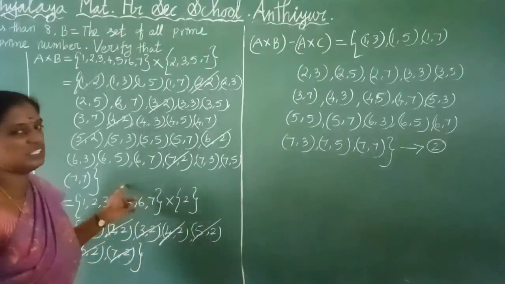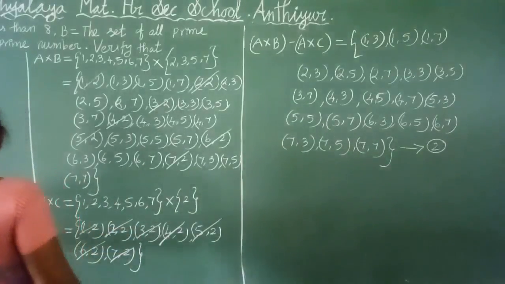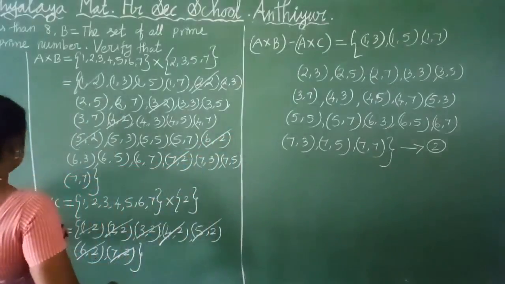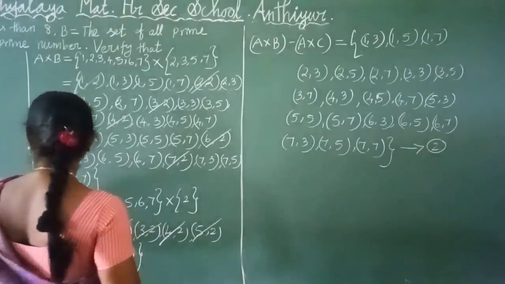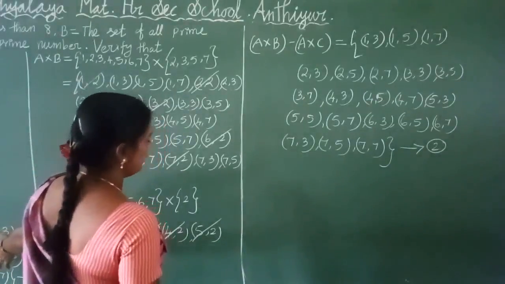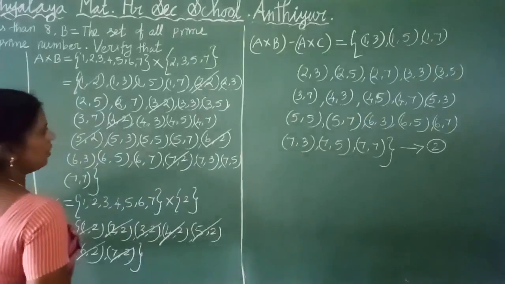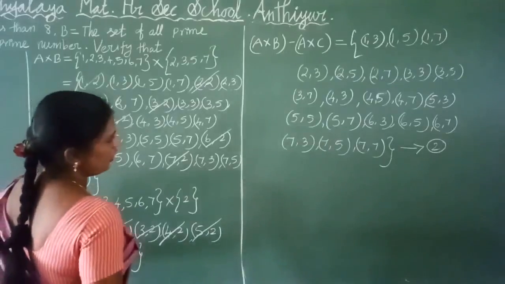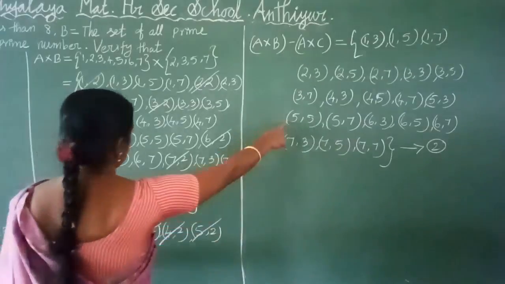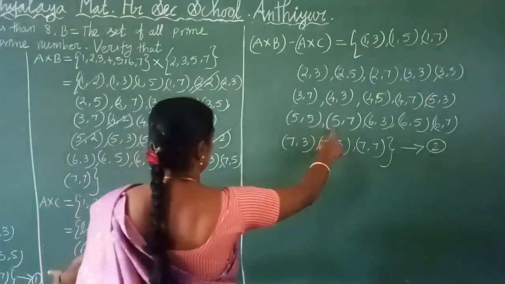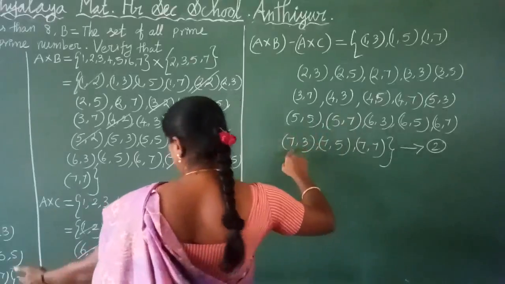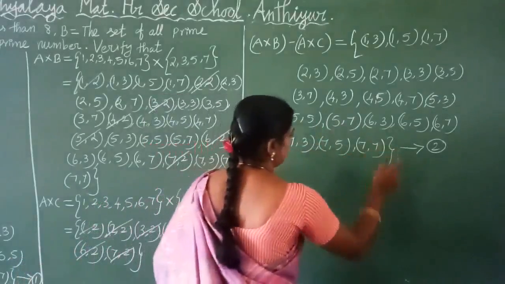So what is the first equation answer? First equation: (1,3), (1,5), (1,7), (2,3), (2,5), (2,7), (3,3), (3,5), (3,7), (4,3), (4,5), (4,7), (5,3), (5,5), (5,7), (6,3), (6,5), (6,7), (7,3), (7,5), (7,7).